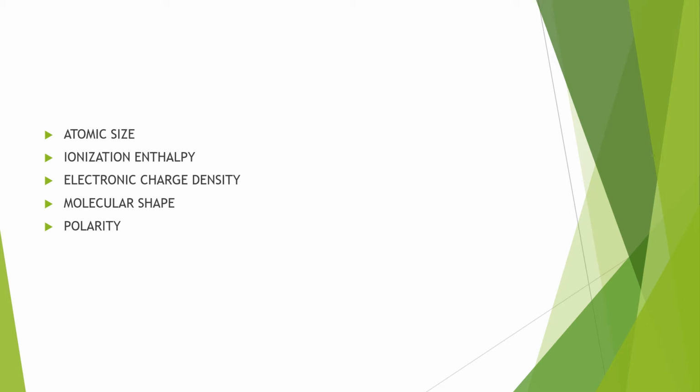And what is atomic size? Atomic size is nothing but the number of electrons present in a particular element or atom. Depending upon it, its atomic size is determined. Ionization energy is nothing but gaining or losing of electrons by the element. Next, electronic charge density.